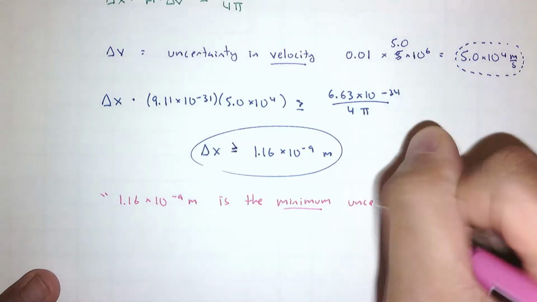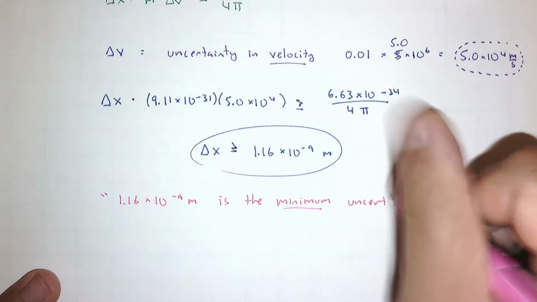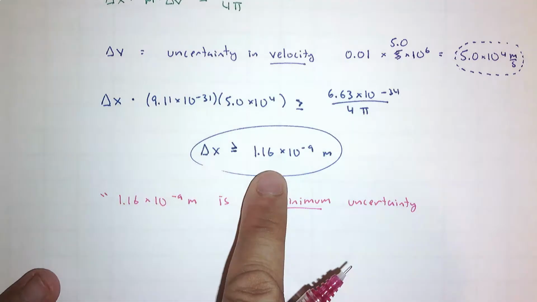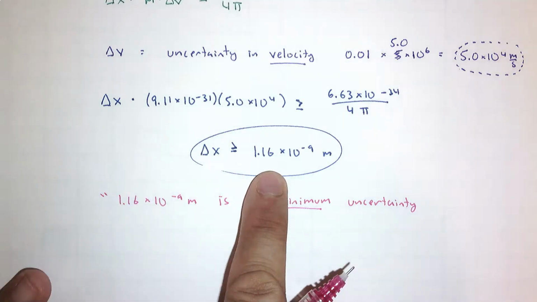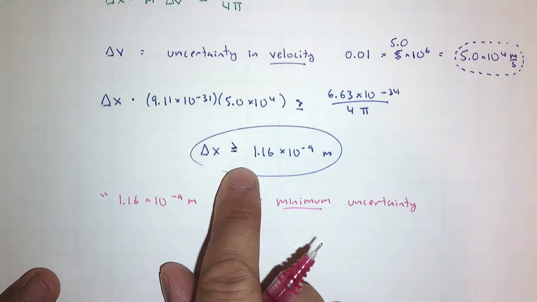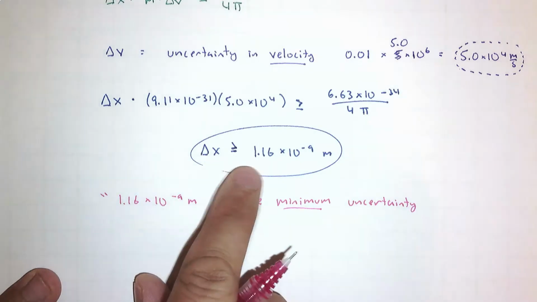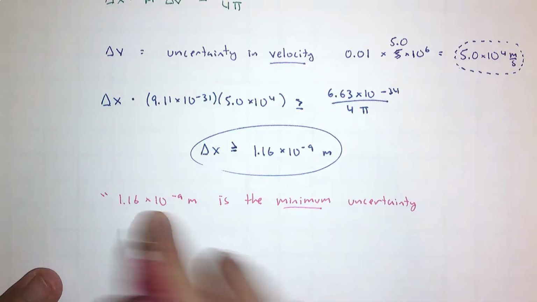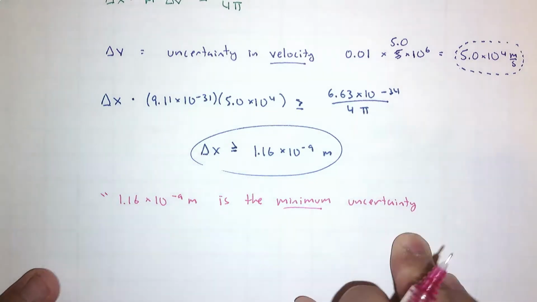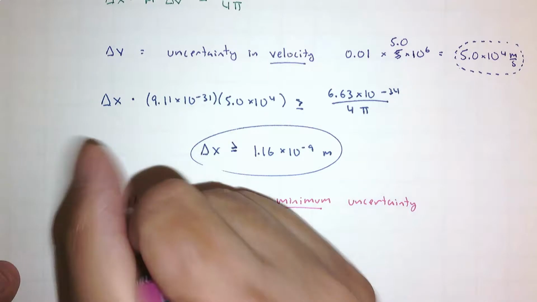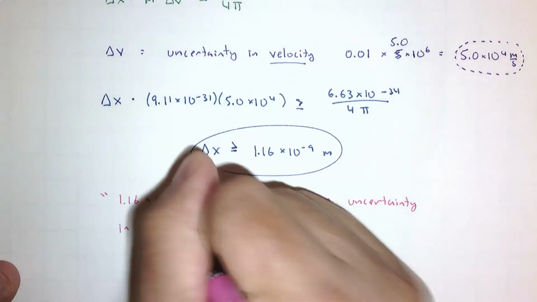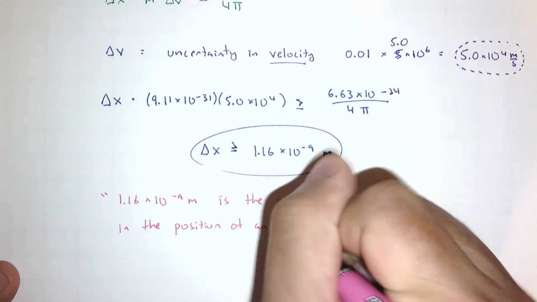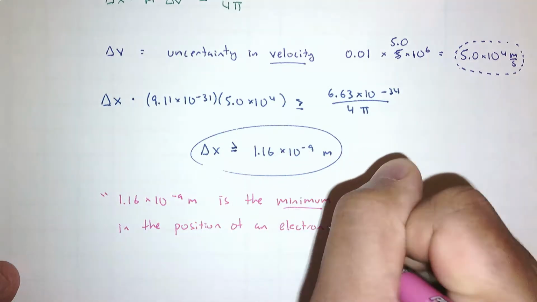You could definitely be more uncertain, but this is as certain as one can get in terms of the location. Maybe you could even think of it as plus or minus 1.16 times 10 to the minus 9 meters. So that is the minimum uncertainty in the position of an electron.